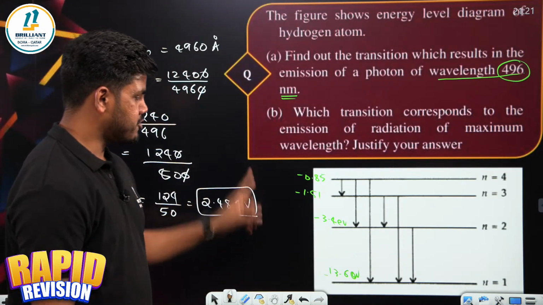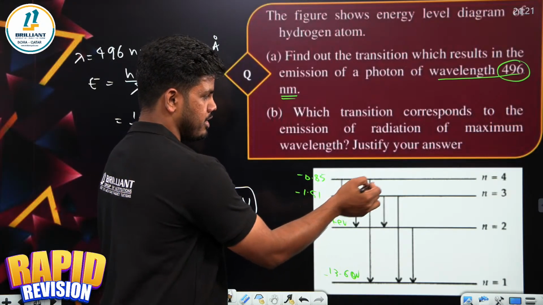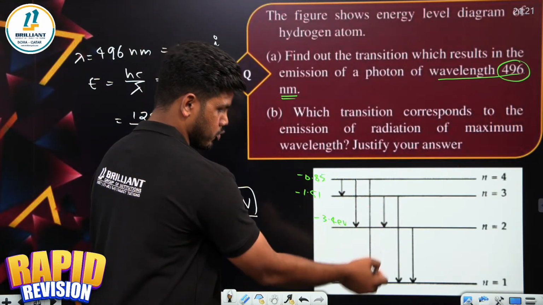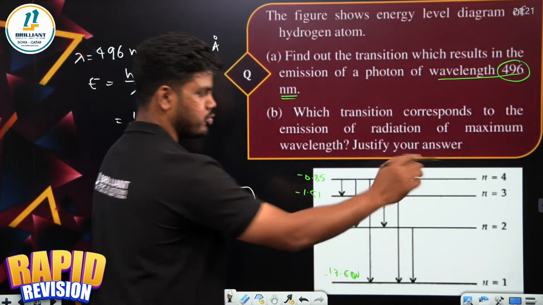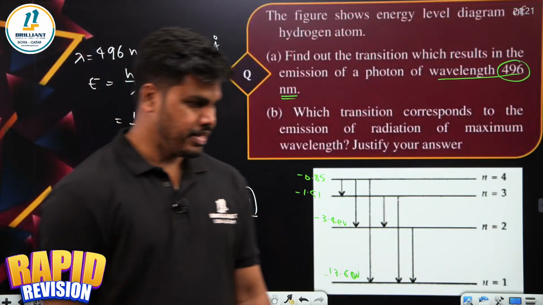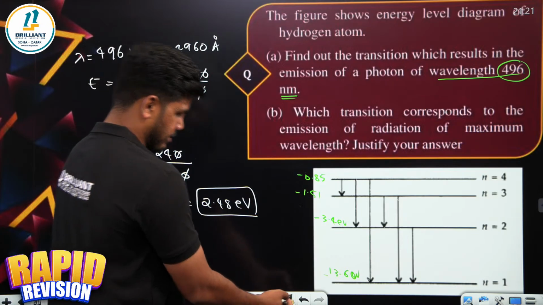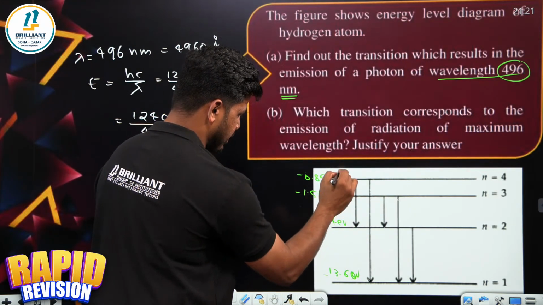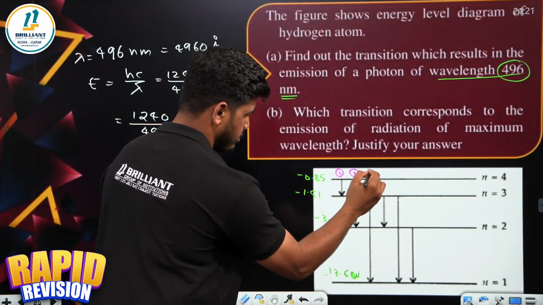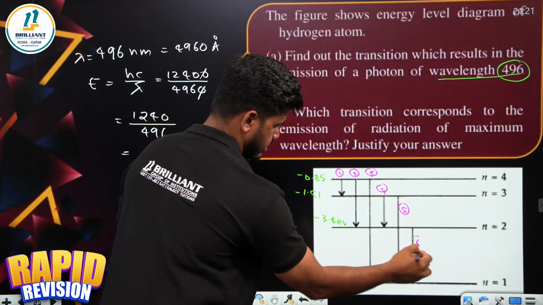Now identify the transition, from where to where. You are given 4 to 3, 4 to 2, 4 to 1, then 3 to 2, 3 to 1, and 2 to 1. All possible transitions are given. So tell me in which of them. We don't have names for these transitions, right? Let me number them 1, 2, 3, 4, 5, and 6. 6 transitions are given.